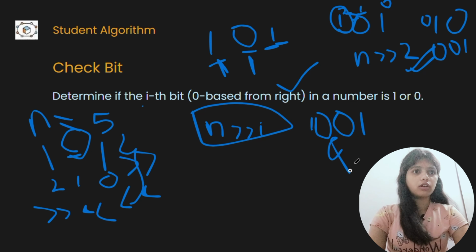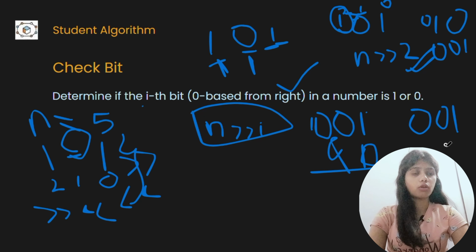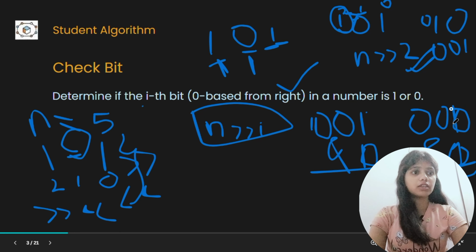So 1 AND 1 gives you 1, and 1 AND 0 gives you 0. Whenever we want to check whether the number is 0 or 1, we perform the AND operation and we can get that number, right? If we have 1 over here, we'll get 1, and if we have 0 over here, we'll get 0.